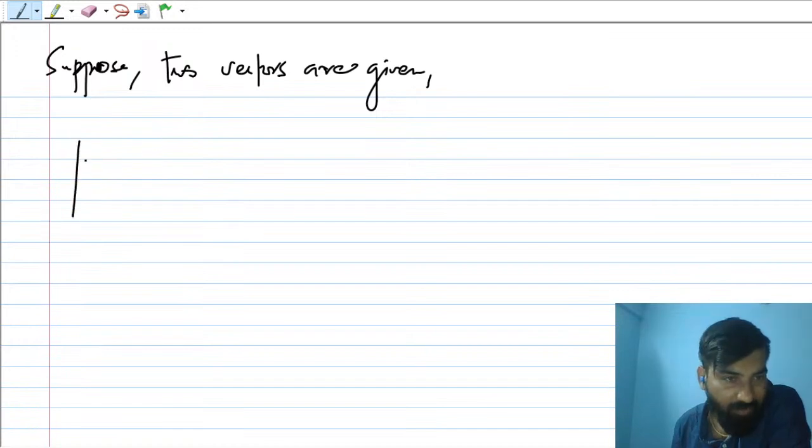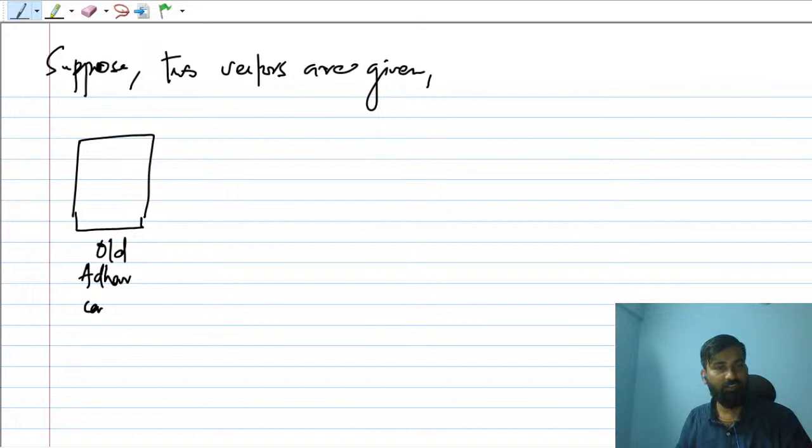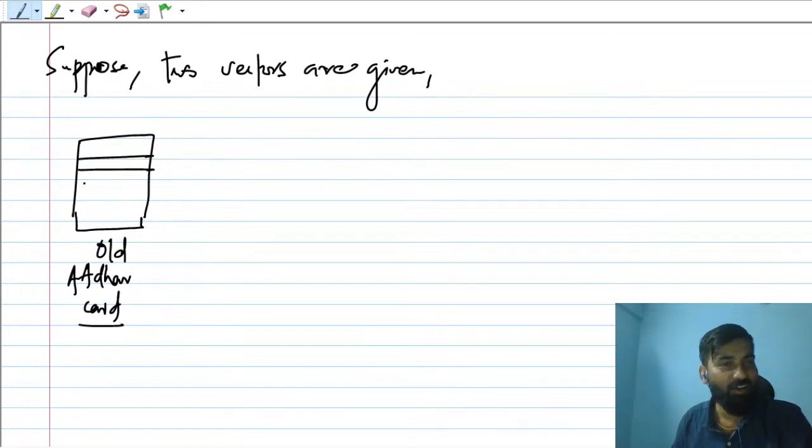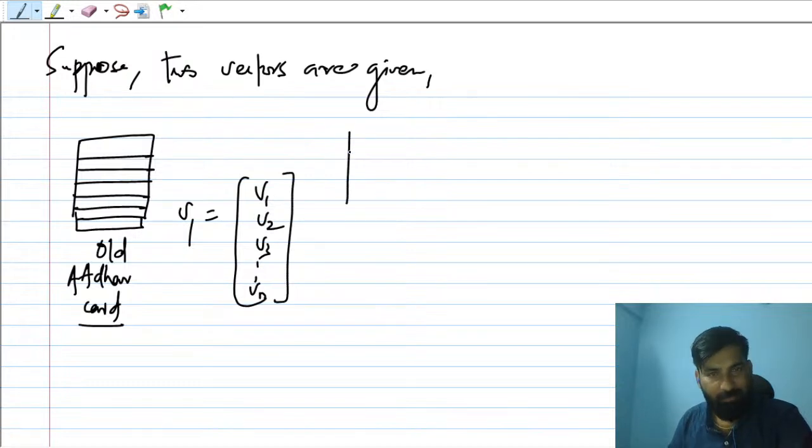Suppose we have been given one picture, your old picture, the Aadhaar card picture. Everybody knows what kind of pictures are on an Aadhaar card. It has some pixel components, so we are going to collect them: V1 with the pixels V1, V2, V3, and Vn. And then the present picture you can take.